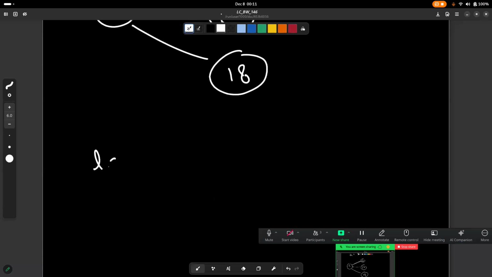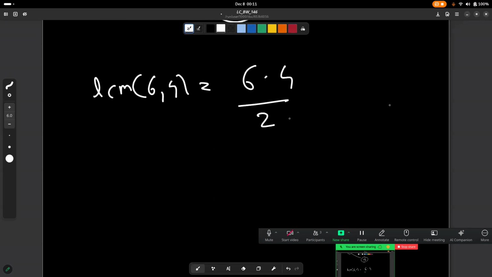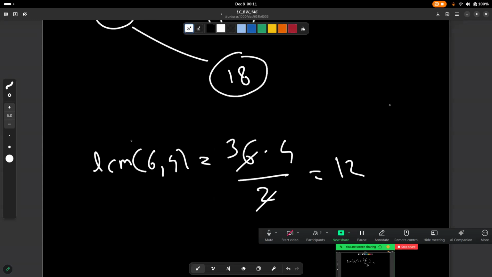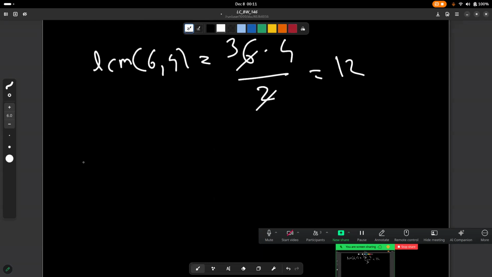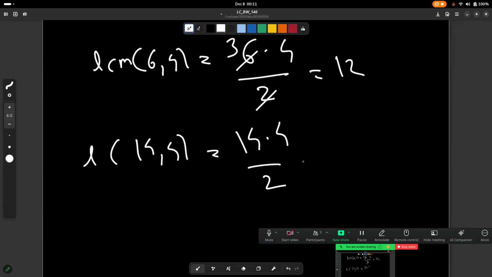Well, this will be the LCM of 6 and 4, which is 6 times 4 divided by their GCD, which is 2. So this will be 3 times 2 times 4, which is 12. Then the cost of this edge is the LCM of 14 and 4, which is 14 times 4 divided by their GCD, that is 2. You can once again cancel this 4 out.